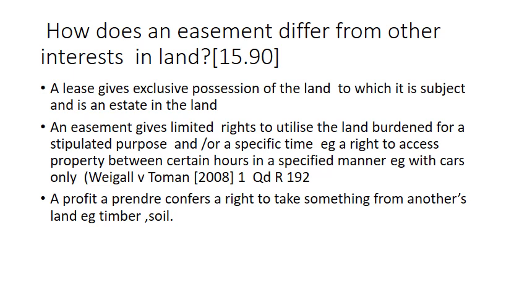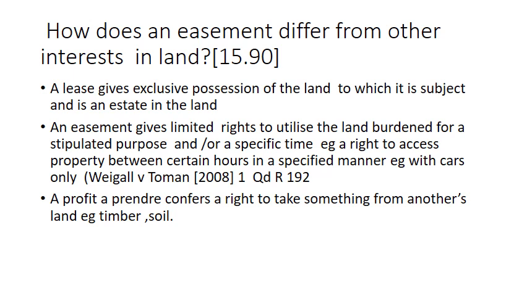And don't forget, how does it differ from another interest? I've mentioned a lease, which gives exclusive possession of the whole of land or part of land, as the case may be, and a profit apprend, which confers the right to take something from the land, that is timber or soil or gravel or something like that.